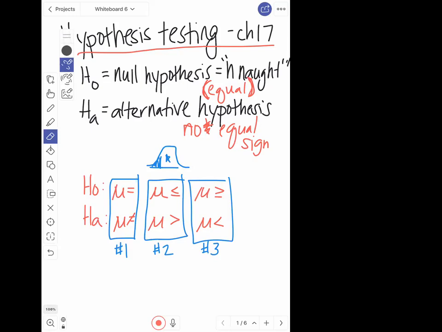And the last option, number 3, your mean could be greater than or equal to for your null, and it would have to be less than for your alternative. The significance of this is, if you have a normal distribution, let's say in this picture right here, your first less than or equal to would cover this end of things, and your alternative would be the right-hand side. So it covers all of your normal distribution, basically.